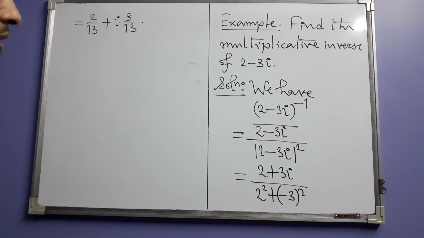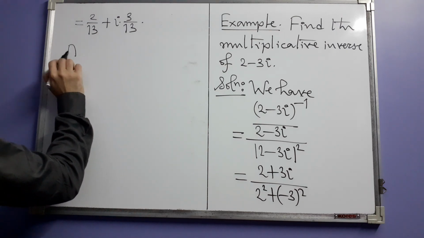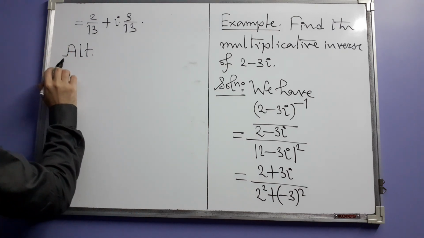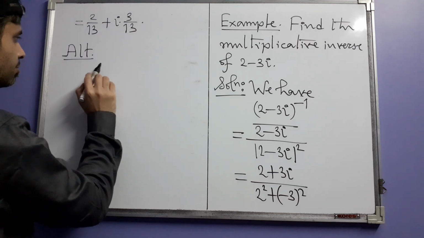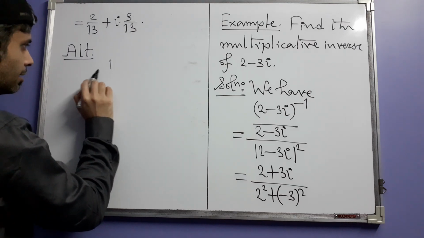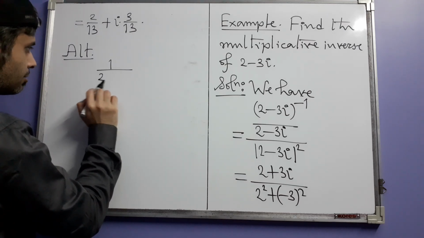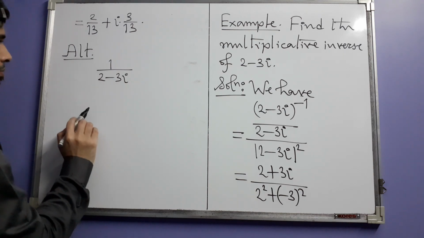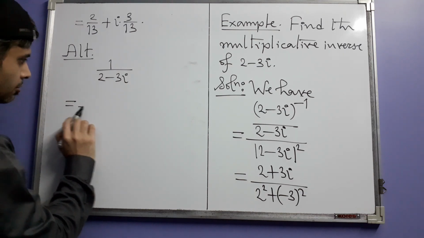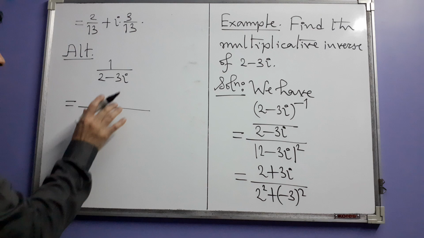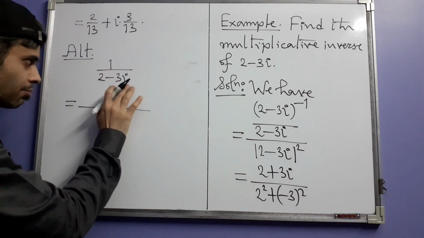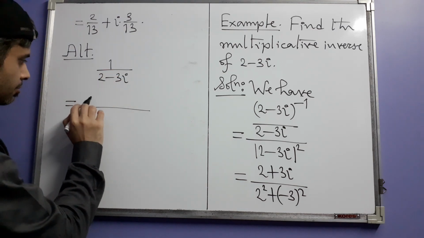You can actually do something else also here. If you see an alternative method, essentially this is what you are trying to calculate, right? What you do, you multiply and divide by the complex conjugate of this.